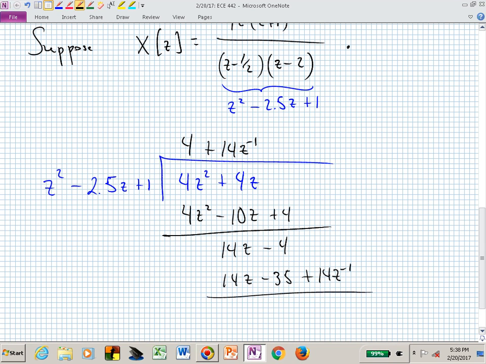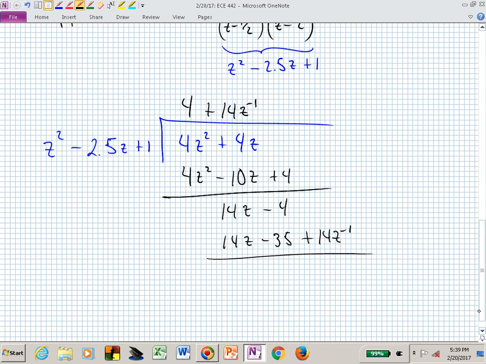I can get the coefficient by multiplying by 14, and now I need to lower the polynomial by a factor of 1, so there's my z to the minus 1. Z to the minus 1 times z squared gives me the z that I'm looking for. Does that help? Question was, where did that 14z to the minus 1 come from?